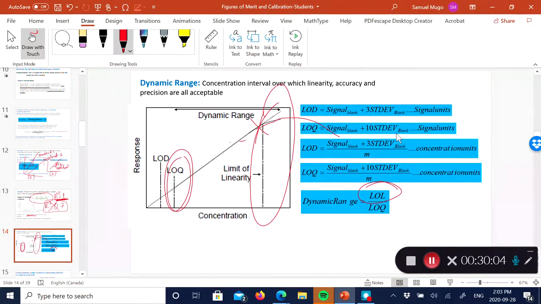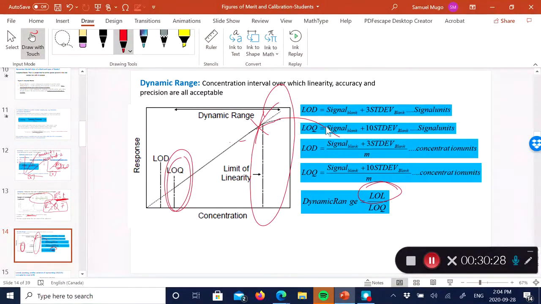In a qualitative sense, the limit of quantification means the concentration at which your analytical method can reliably quantify. All right. So that's the lowest concentration that the analytical method can reliably quantify.